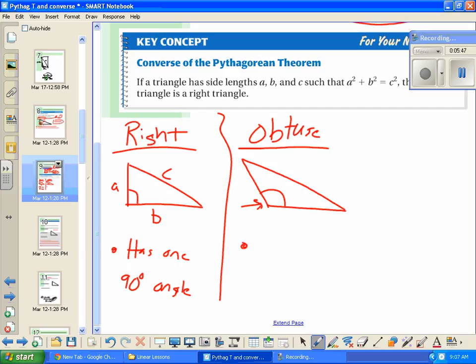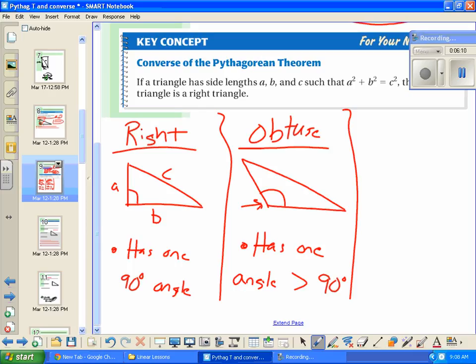So that's what I know about an obtuse triangle: it has one angle that is greater than 90 degrees. There's the greater than sign. So I know that about obtuse triangles.